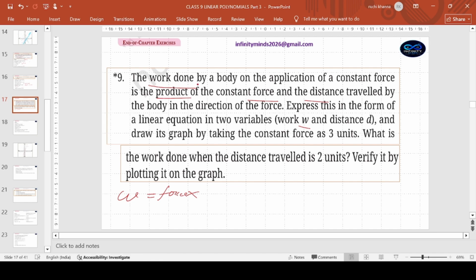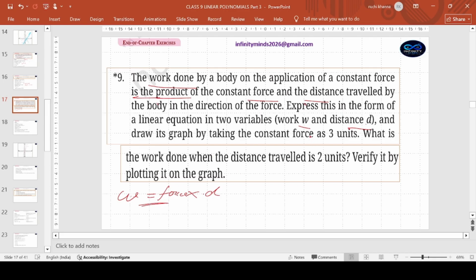When it's a write-up, you have to get the main wordings clear. Work done is the product of force and distance. Distance, they have given the symbol small d. Work done, they have given W, small w. So W is equal to force into d. This is your formula, what is getting created.